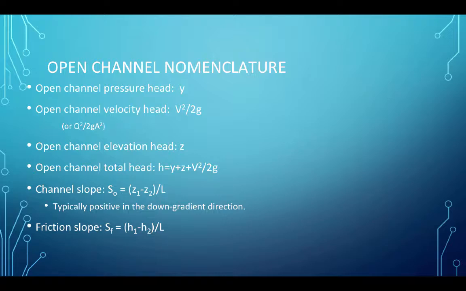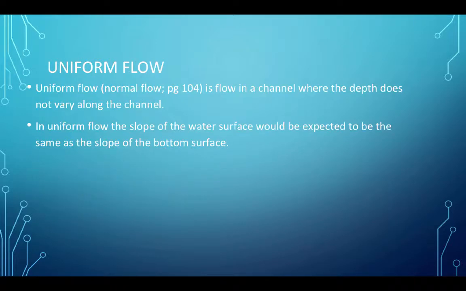The channel slope, S sub 0, between two sections is typically z1 minus z2 divided by the distance between the two, and it's positive in the down gradient direction. The friction slope is the total head, h1 minus h2, divided by L, also positive in the down gradient direction.